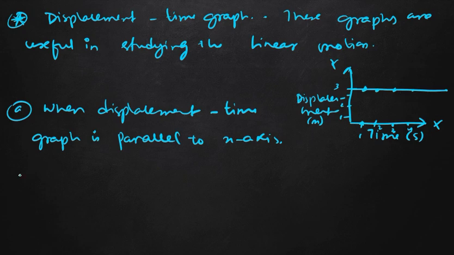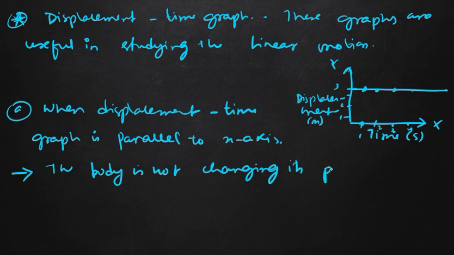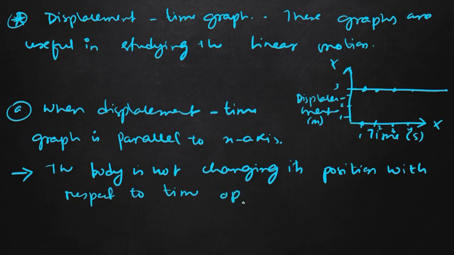So the answer is that the body is not changing its position with respect to time, or the body is stationary. Stationary means the body is not changing its position or not moving.